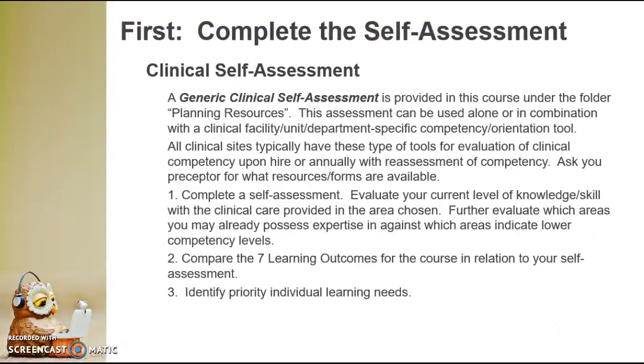So how do we do a self-assessment? This can be done in a variety of ways. We will be providing you a generic clinical self-assessment, and while that may be a basic thing to get you thinking about this, it's very generic.